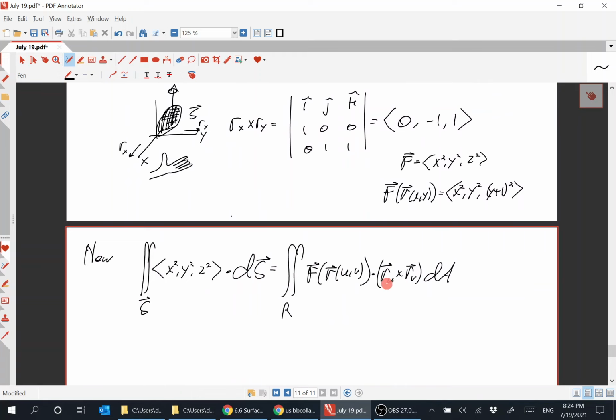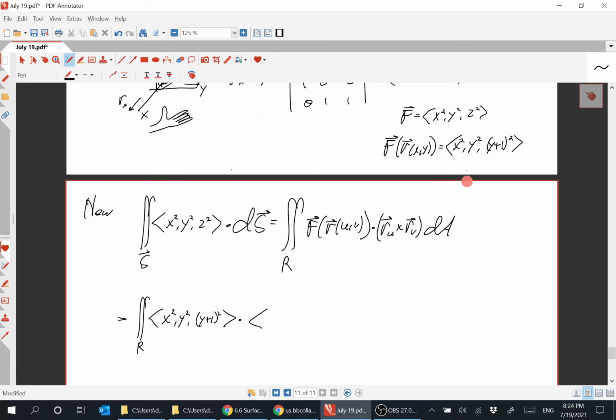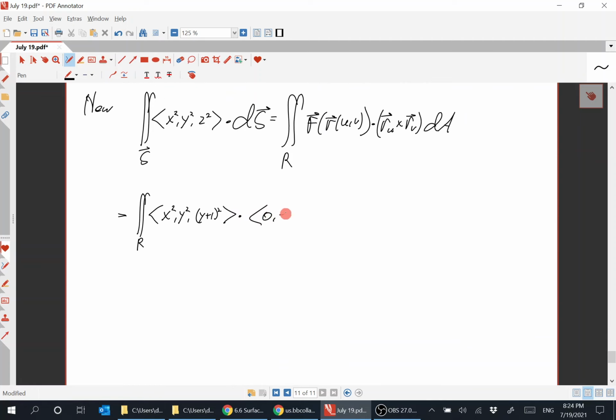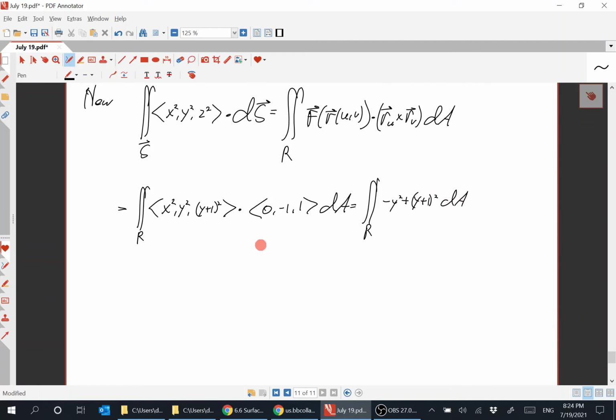So this is equal to the double integral over R of (x squared, y squared, (y plus 1) squared) dot (0, -1, 1) dA. Evaluating that dot product, this is minus y squared plus (y plus 1) squared dA.